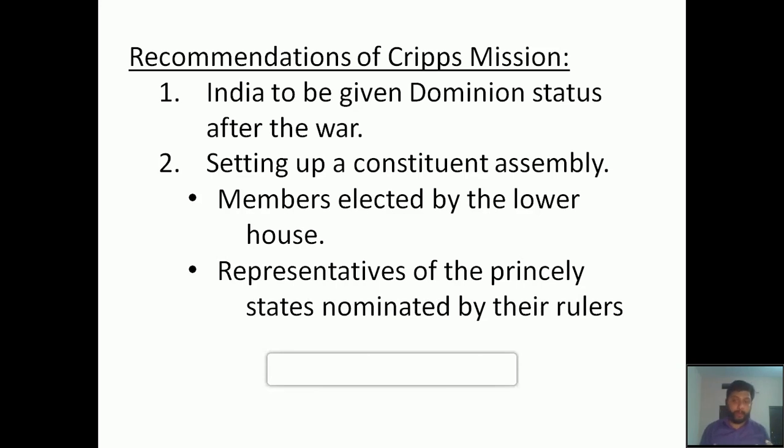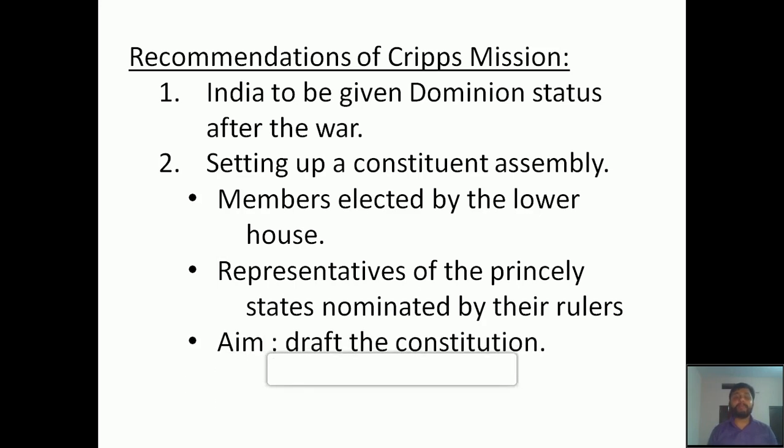I hope you know what princely states are: the different ruling systems, something like a small dynasty which is ruling a small territorial area. So the rulers of the princely states will be nominating a number of representatives, and members will be elected by the lower house, like a normal election. So both these groups of people together will be setting up a constituent assembly.